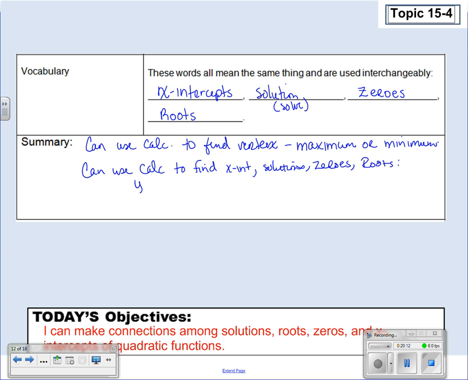And the way that we did that, we did y1, we put in our equation, and the key here is that y2, we set it equal to 0, and then we calculated the intersection. This concludes topic 15.4.